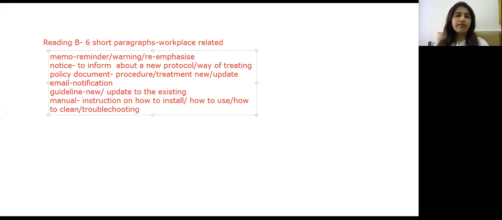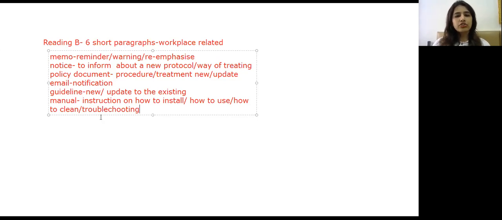Yes, so you should have a very, very clear idea about each kind of document you can have in the reading part B test. Because if you have this clarity on the type of document that you are reading, you can get a very clear focus. You can understand what exactly you should read for. Okay.